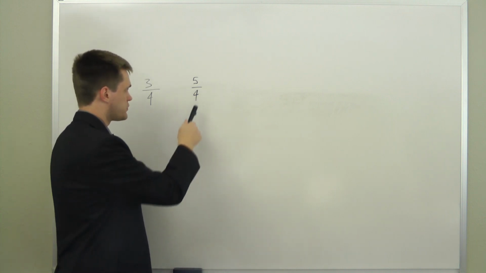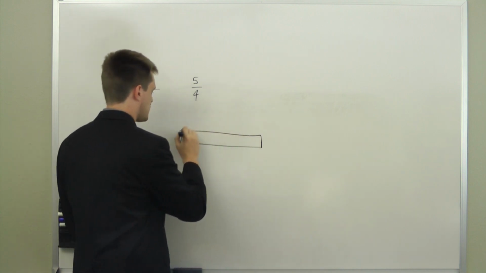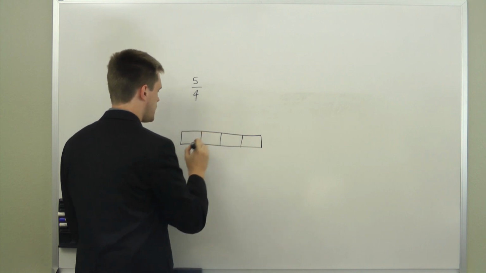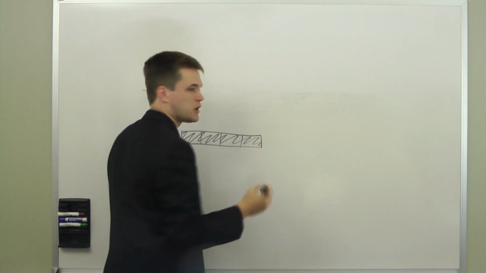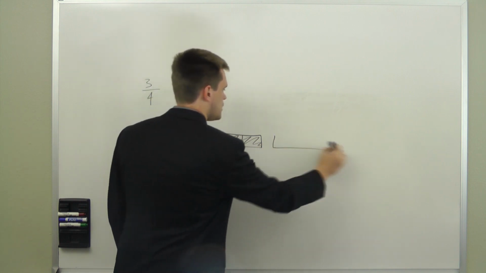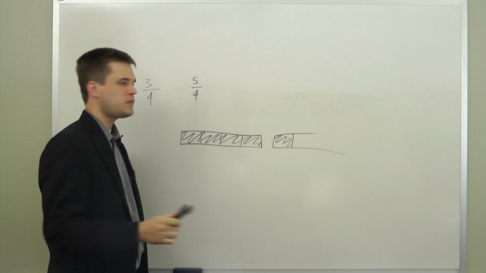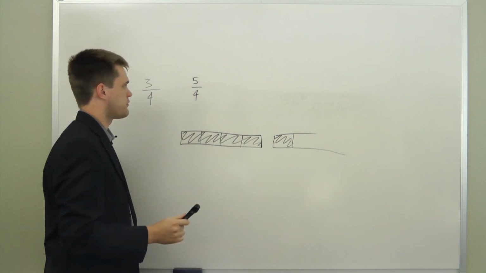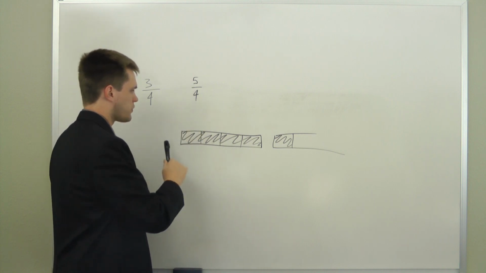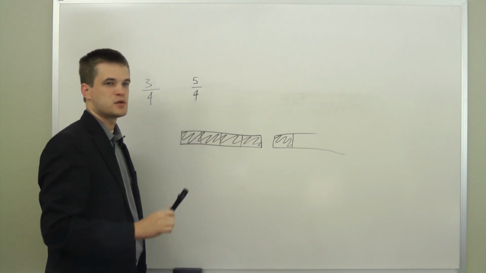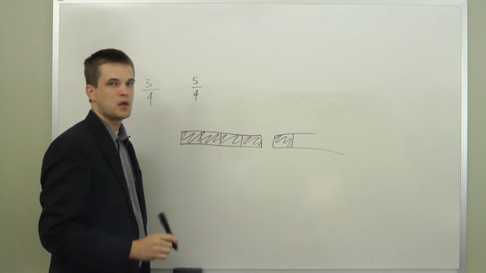So for instance, if we were to try to draw this, and we had this same rectangle, divided it up into 4 parts, we could shade 1, 2, 3, 4, and then we run out, and we have to draw a whole other rectangle to shade that 5th part. And so this is considered an improper fraction. It just represents a number that's greater than 1. And so it's not really an ideal way to write this quantity.